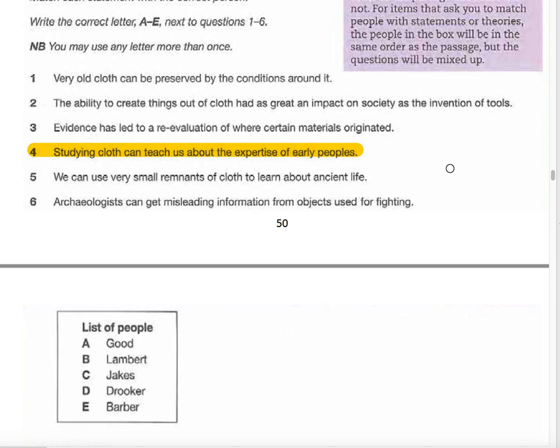And yes, the people that invented clothing and materials and cloth, wow, they had some really good knowledge too. That's what this question says, that if we know the cloth material, we can understand the knowledge of the people, the expertise.